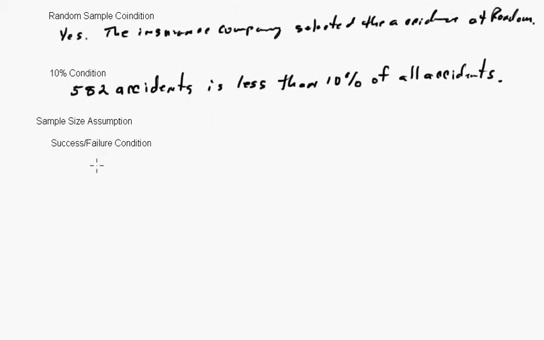Okay, so now the success failure condition. We want to make sure that the sample size is large enough. So we want to make sure that n times p hat is greater than or equal to 10 and n times q hat is greater than or equal to 10.